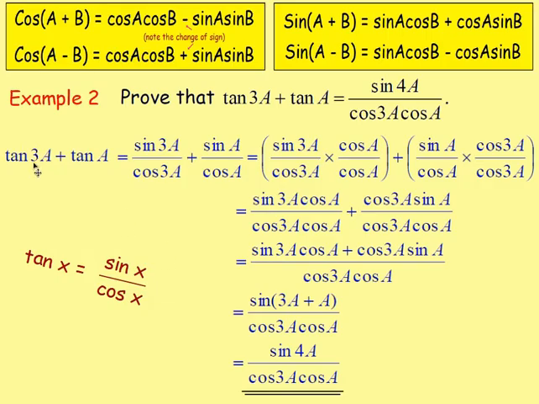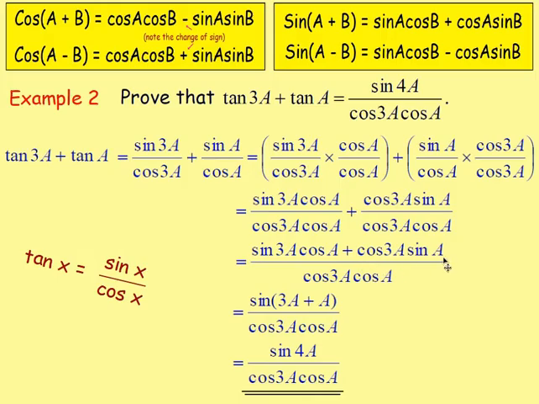So we're replacing tan 3a with sine 3a over cos 3a, replacing tan a with sine a over cos a. From there, you need to have the same denominator if you're adding. Here we're missing a cos a, so multiply the numerator and denominator by cos a. Here we're missing cos 3a, so multiply numerator and denominator by cos 3a. From there, you get the same denominator, so we can add the numerators.